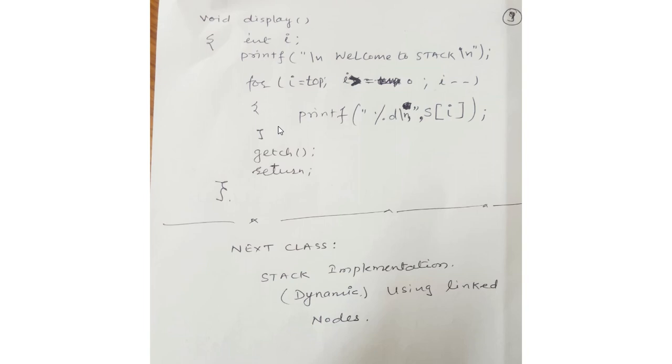So next class we'll be implementing stack using dynamic memory allocation using linked nodes, which will be totally a new concept for you to implement. So you implement this stack program, discuss among yourselves to solve small problems, and come to meet class on 10th July to discuss problems in this regard.